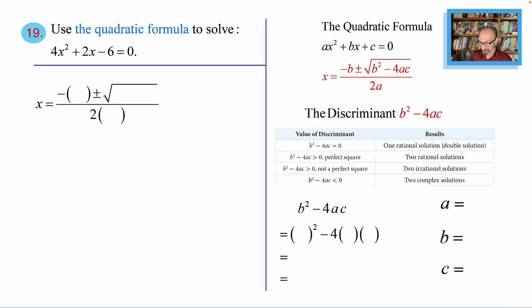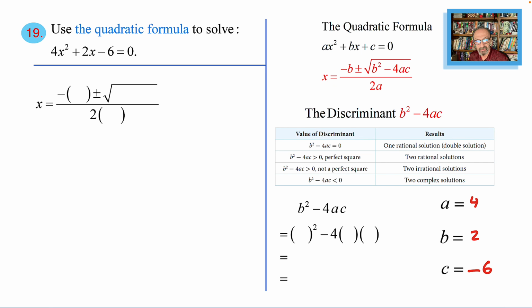Number 19. Use the quadratic formula to solve the following: 4x squared plus 2x minus 6 equals 0. On the right side, we could write that a equals 4, b equals 2, and c equals negative 6.